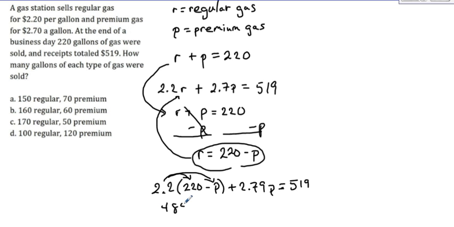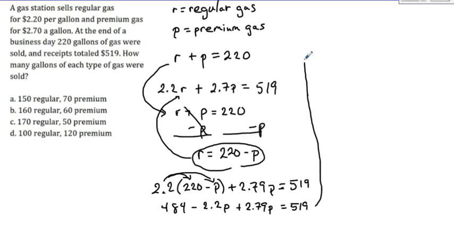So 484 minus 2.2p plus 2.7p equals 519. All right, I'm going to actually continue this up here. The next step is to combine like terms. So we have a negative 2.2p and a positive 2.7p.